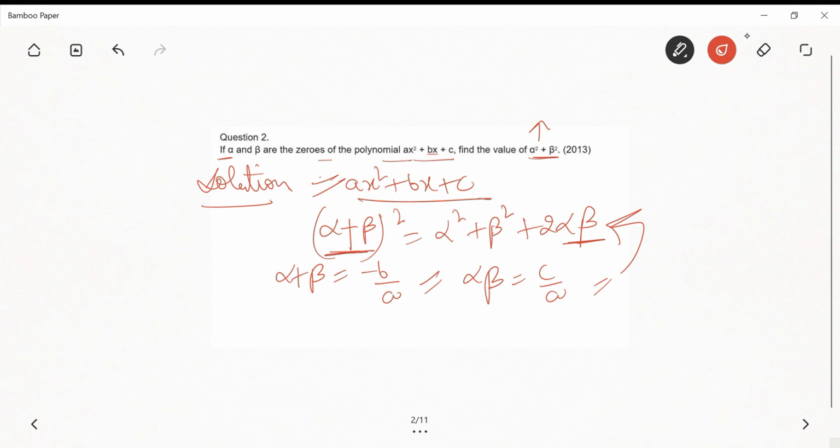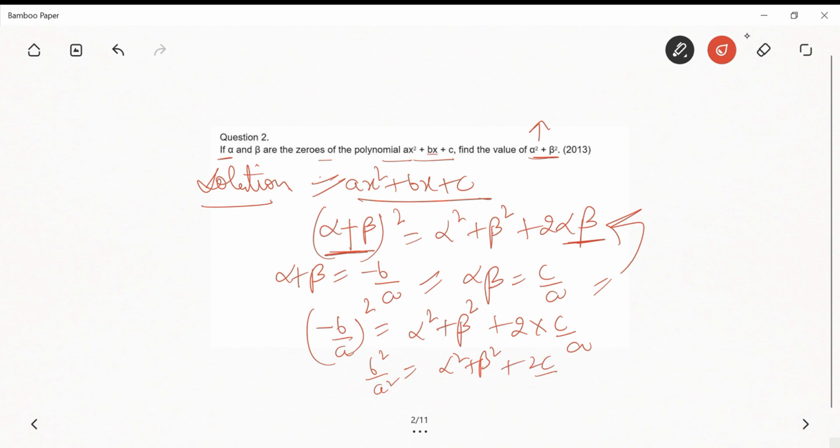So alpha plus beta is minus b by a. So minus b by a whole square is equal to alpha square plus beta square plus 2 into c by a, correct? So if you do the square of it, you will get b square by a square, and that should be equal to alpha square plus beta square plus 2c by a.